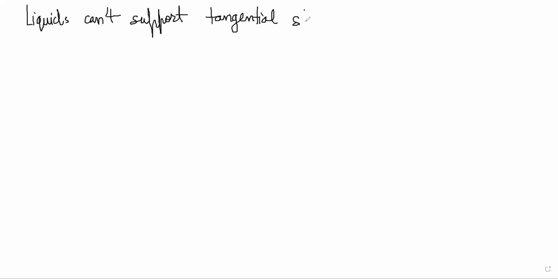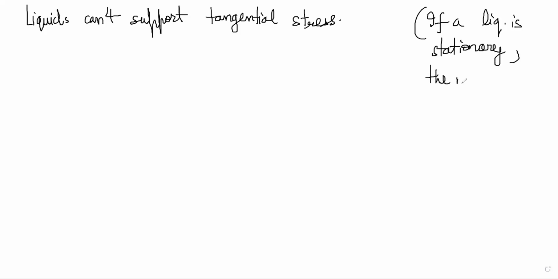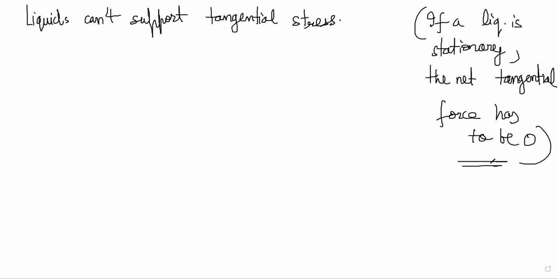What this means is if a liquid is stationary, then the net tangential force along the surface basically has to be 0, right? Because as soon as tangential force is non-zero, the liquid layer will actually move. Then the liquid will no longer be stationary, right?